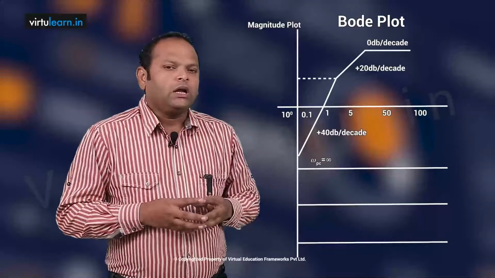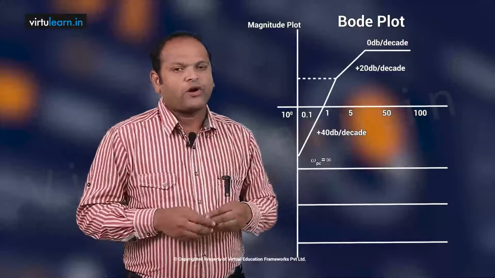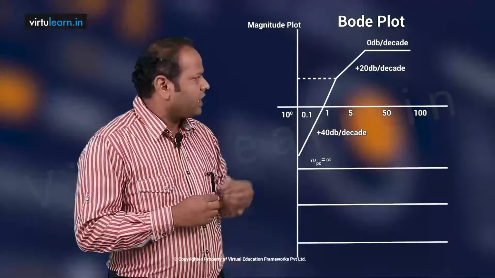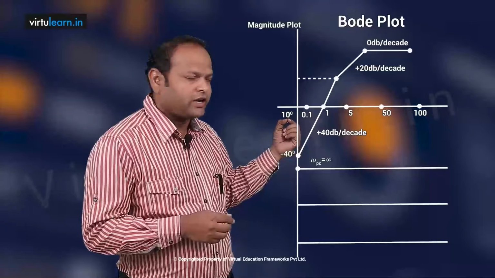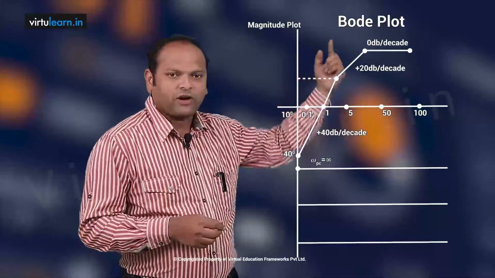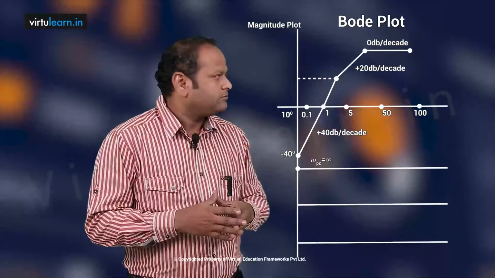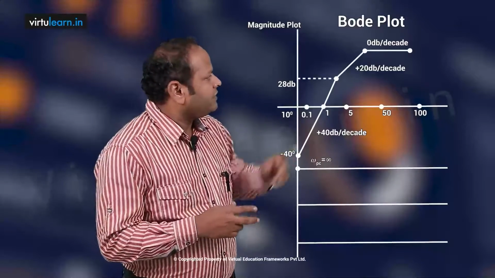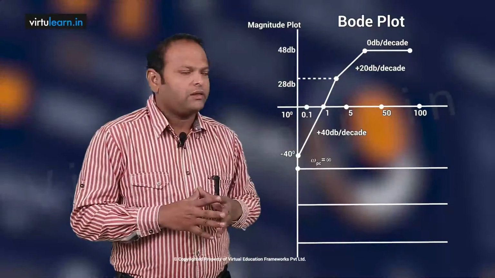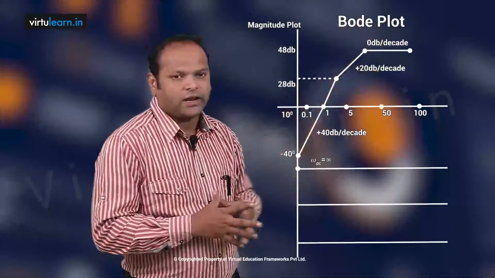Now, when you locate the points of the magnitude plot, we have at 0.1 minus 40 dB, and when it is 5 we have 28 dB, and when it is 50, then it is going to be 48 dB, then again for 100 also we have 48.